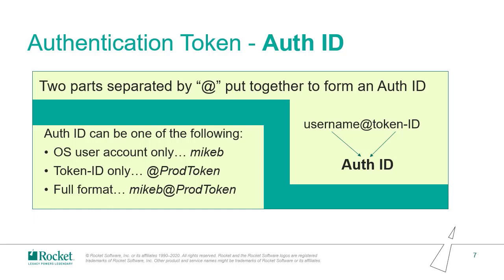So in this case, your user will impersonate the default OS user set in the credential mapping record, which I'll explain more on in a bit. And your full format, where you have your username @token ID, so Mike B @prod token. This way you'd impersonate the username given rather than a default username like the example above.